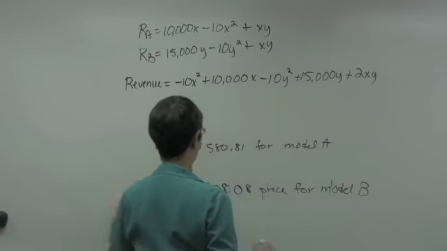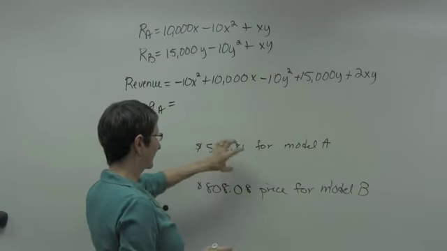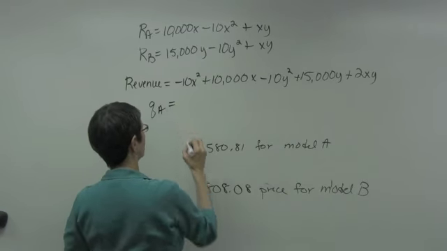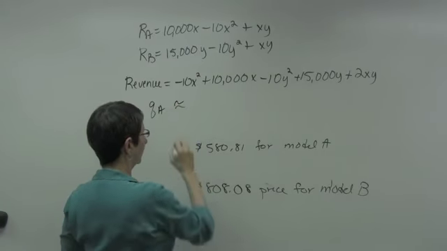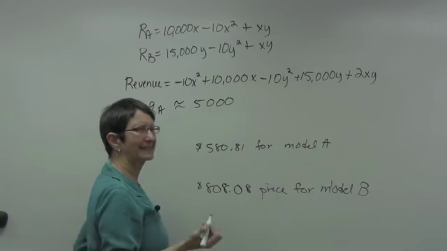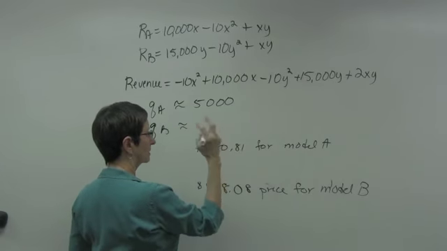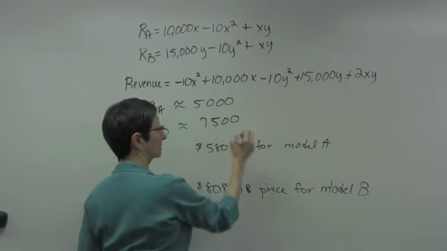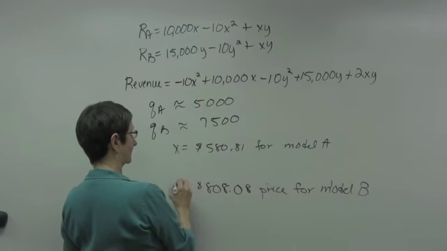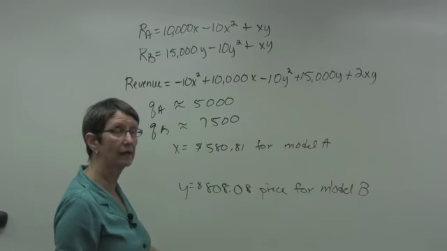If you take your quantity sub A, plug in your X and your Y, you end up with about 5,000. I think it was like 5,007 or something. And quantity B is about 7,500 if you put in the X and Y, because you need both. This is X, this is Y. And you need them both in the quantities, and that's about how many you sell.